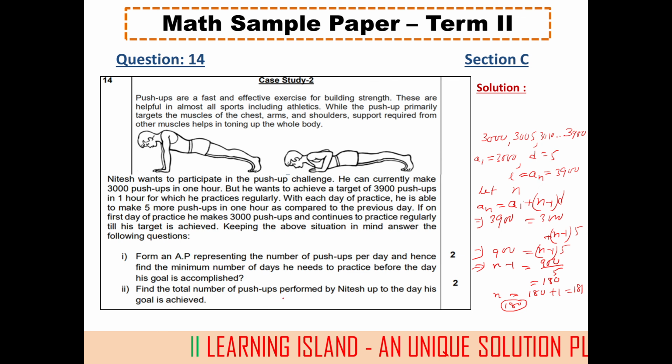Find the total number of push-ups performed by Nitesh up to the day his goal is achieved. Okay, now it means you have to find out the SN, the total push-ups done to achieve the goal. We know the formula, and we know n here, so n by 2 into a1 plus L. What is n? n is 181, so 181 by 2 into 3000 plus 900.